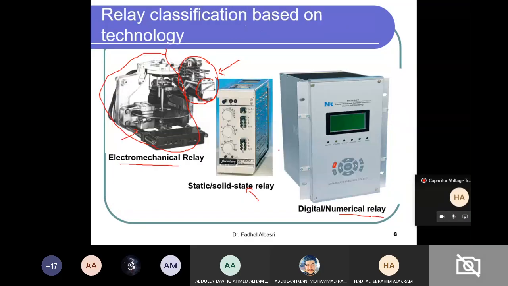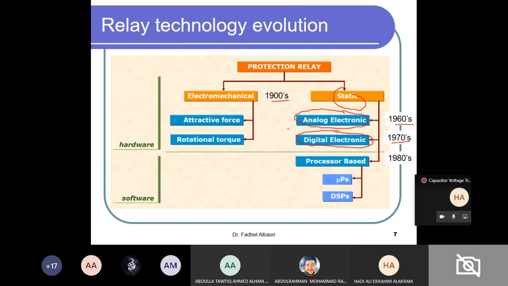Like this one has a lever that moves, and this one has a disc that moves. In these we have no moving parts, so we call them static relays in general. And the static relays, the old technology, were based on, let's say, op-amps or diodes and rectifiers. We have these also as hardware.